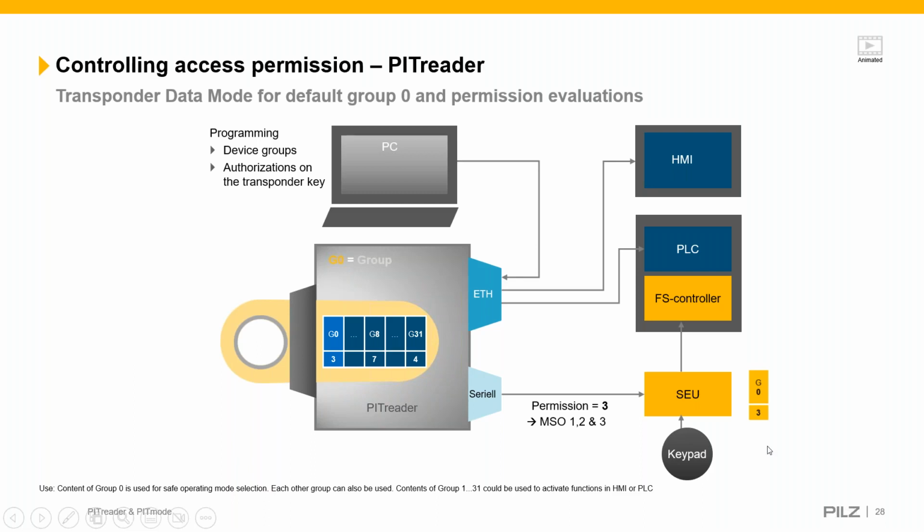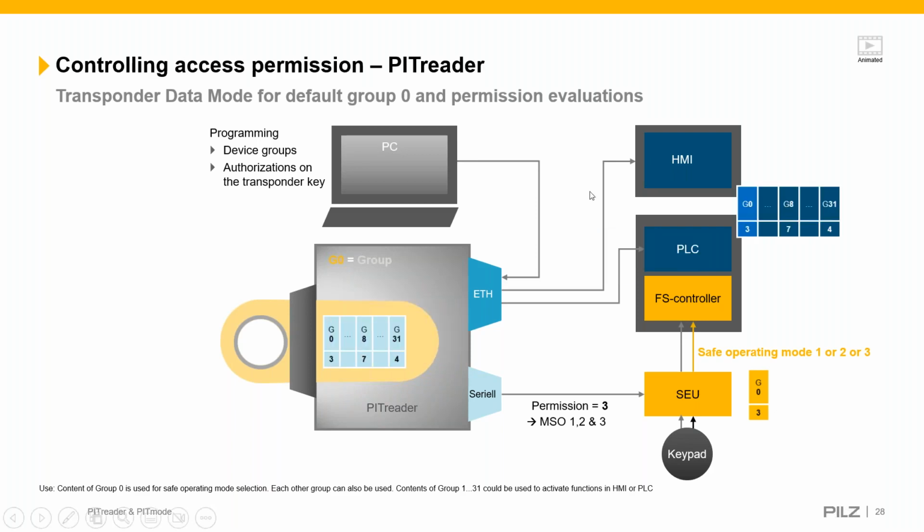Then via the keypad, the operator would press the safe operating mode. Because they've got permission 3, they can do 3, 2, and 1. That will be outputted to the functional safe controller, which will then handle the safety side of the machine, but also via the Ethernet, it would also send the data and security to the PLC and HMI.